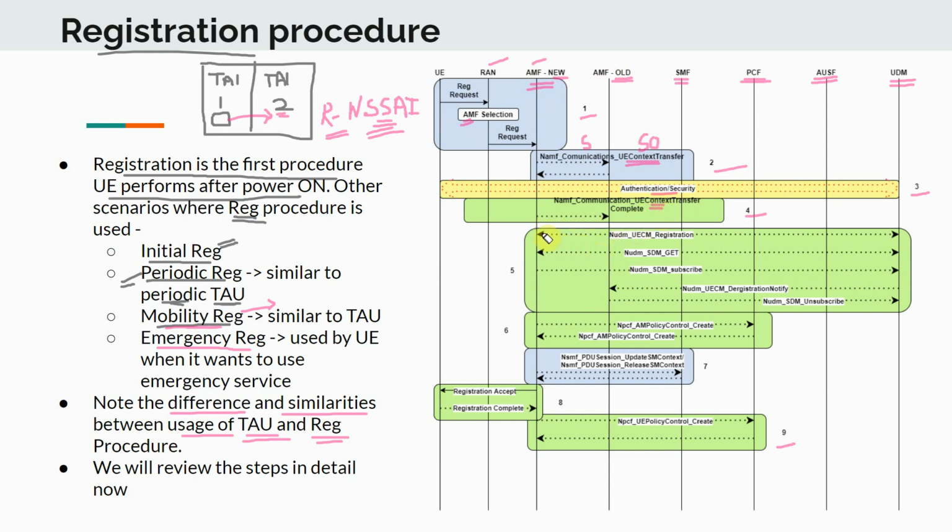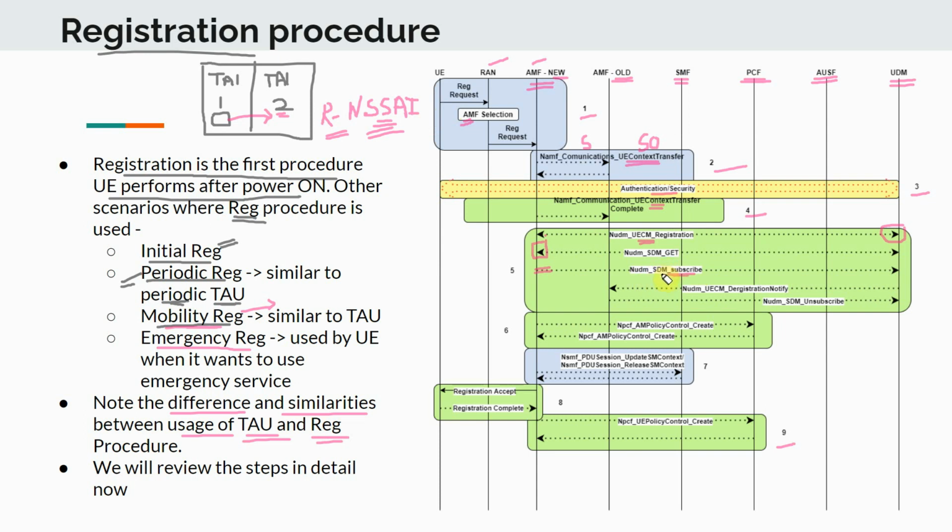And then at that point, there is the user connection management registration process that happens, where the new AMF registers with the UDM and informs the UDM that it is now the serving AMF. At that point, the UDM pushes out all the subscriber data to this new AMF, and the new AMF subscribes to the UDM regarding all the changes that may happen for this subscriber.